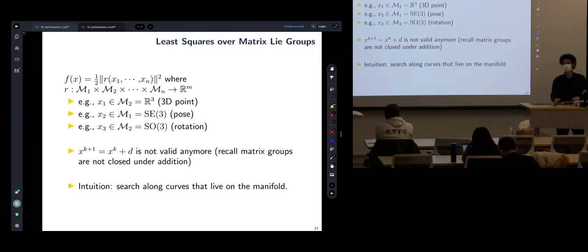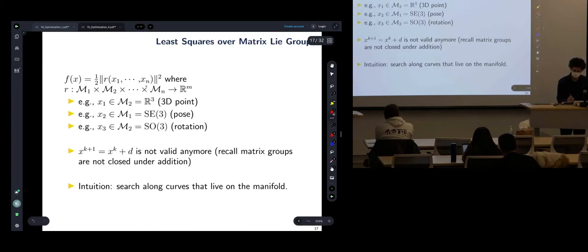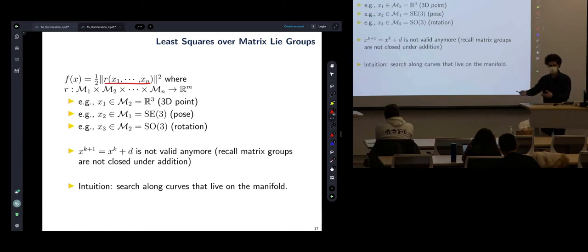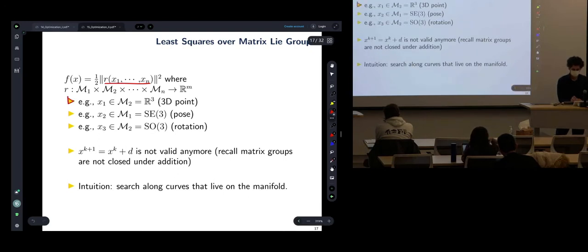So we know this much. We want to solve a least squares problem on matrix Lie groups. The problem is that this residual here is a function of multiple decision variables, and maybe one of them is a 3D point, which is not a problem.